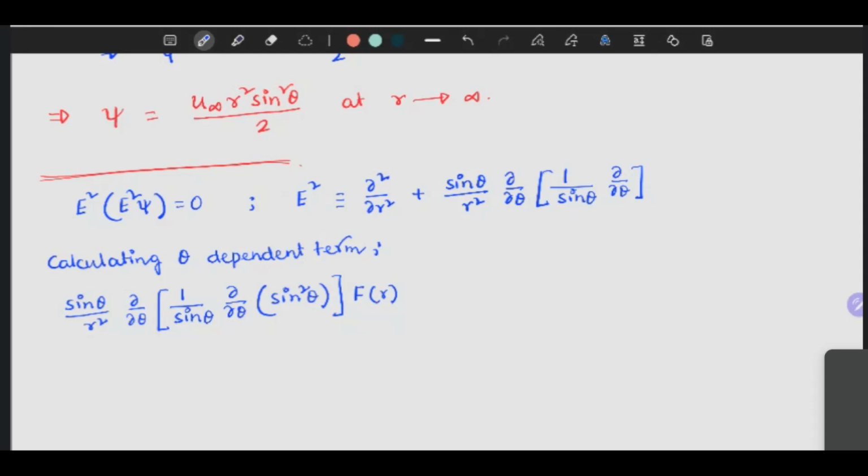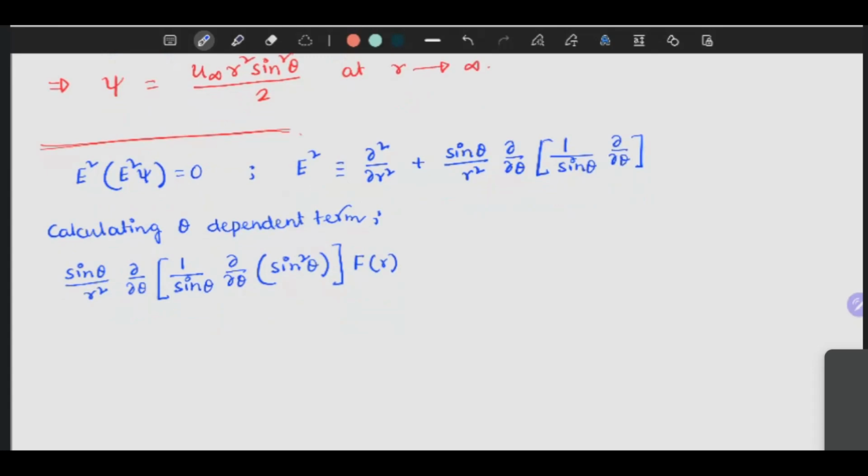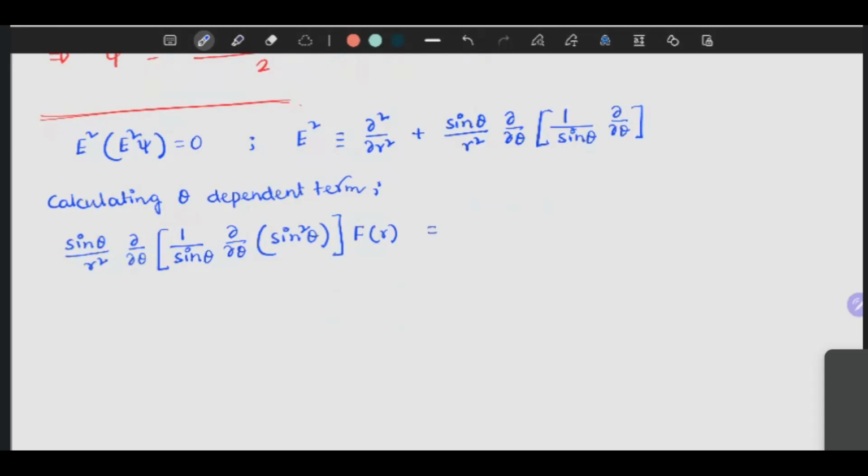Now you get this f of r, which will be equal to sine theta by r square del theta.